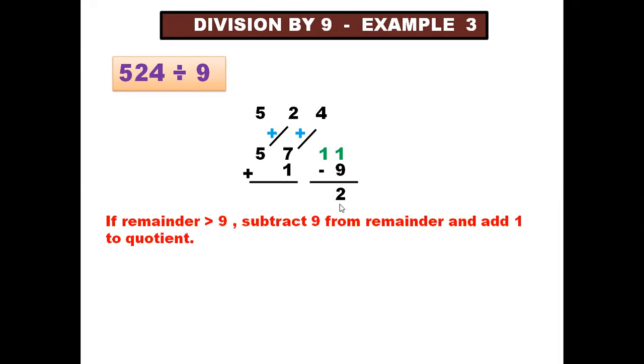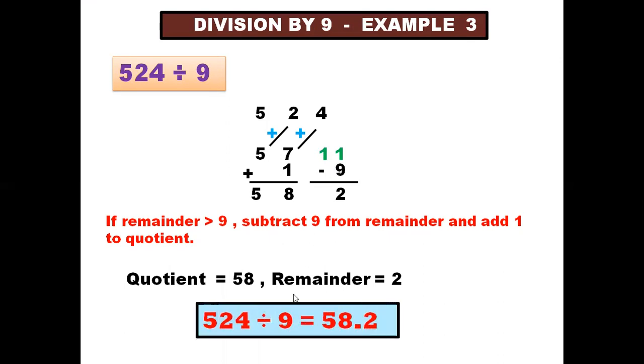So 11 minus 9 is 2, and now 2 is the remainder. Now 57 plus 1 is 58. So the quotient is 58 and 2 is the remainder, which we get after subtracting 9 from 11. And why do we subtract 9? Because 11 is greater than 9. So we can write it as 58.2.